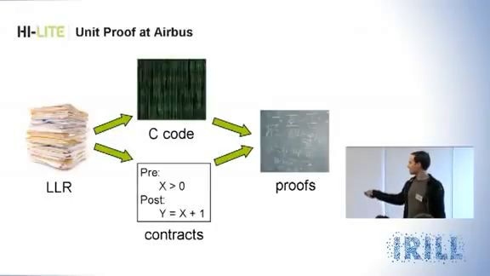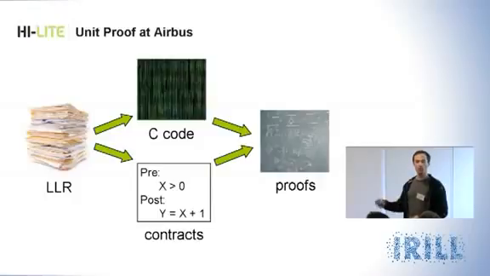And on the other side, they extract contracts in some logical language, which are composed of preconditions, which state what the subprogram is assuming from its calling environment, and postconditions, which state what the calling environment is assuming from the procedure when it returns.